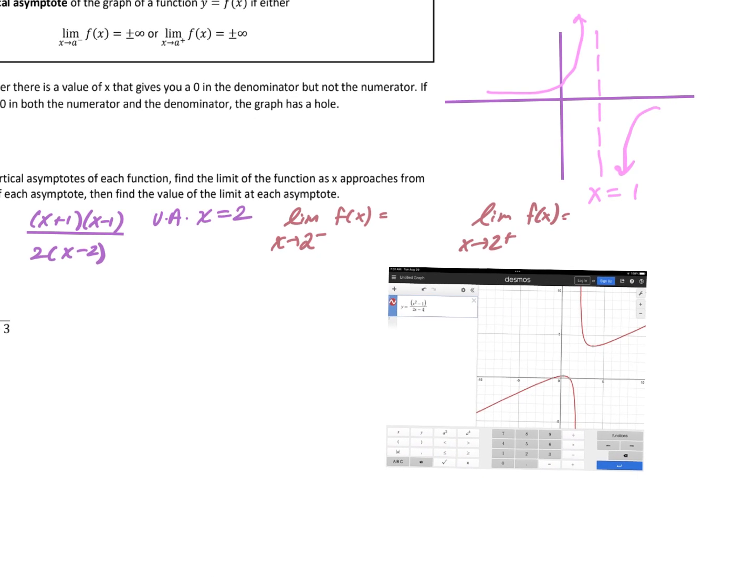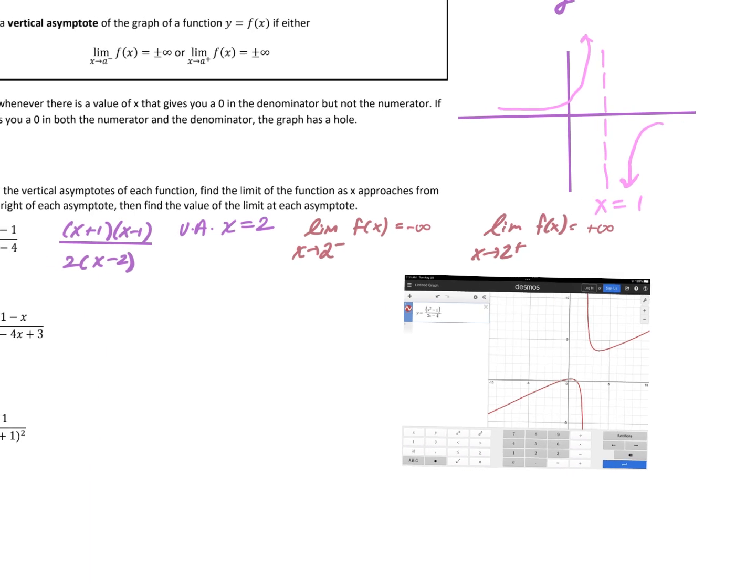You can see where 2 is the vertical asymptote here. It's not drawn in there. As I go to 2 from the left and from the right, one's going to positive infinity, one's going to negative infinity. This would be negative infinity, and this would be positive infinity. So if we just did the limit as x goes to 2 of f of x, we would say in this case it does not exist because they're going in opposite directions.